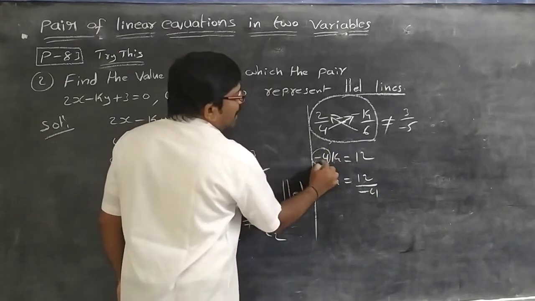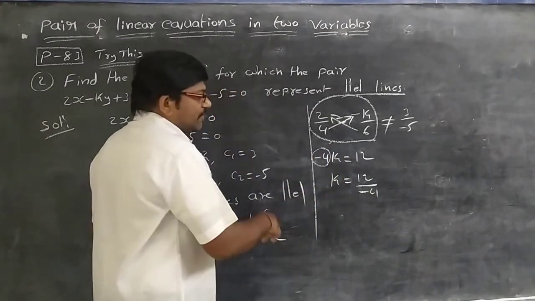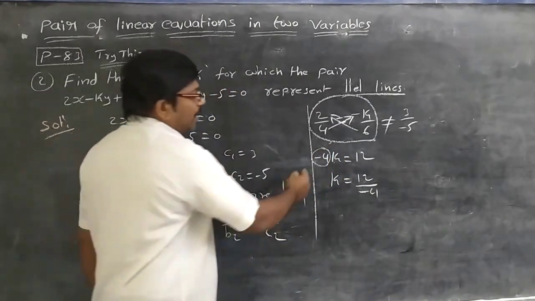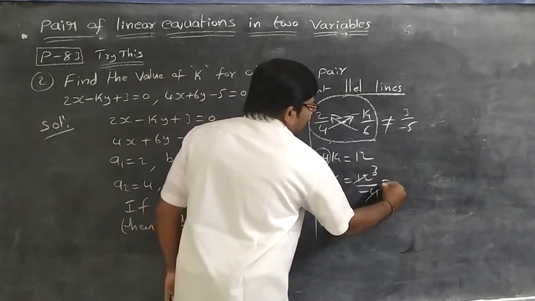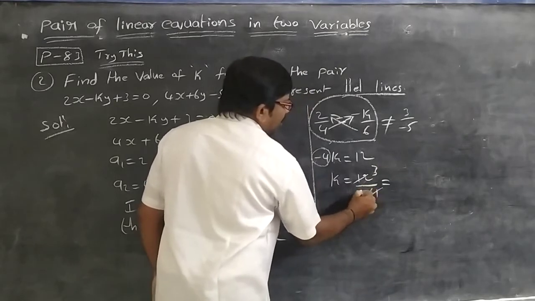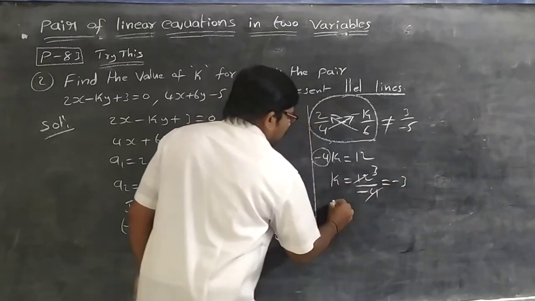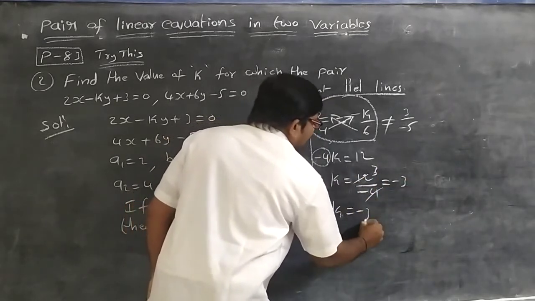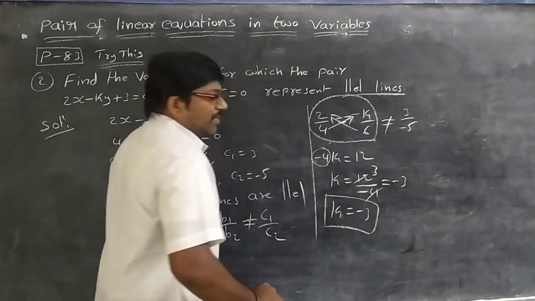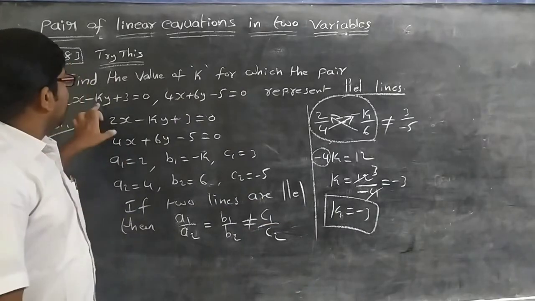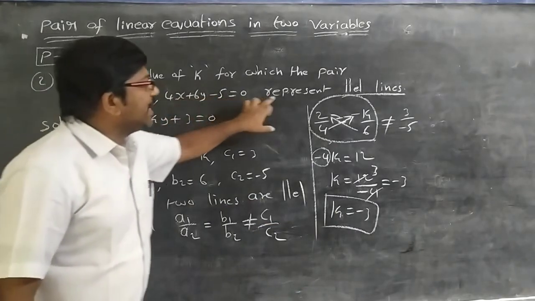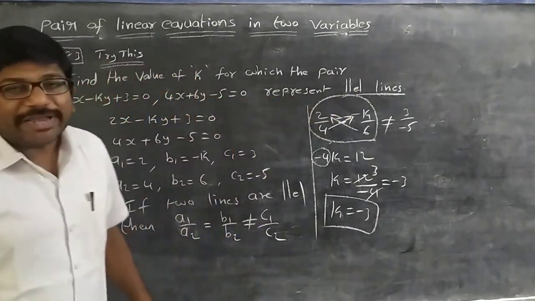After transferring from left to right, it becomes divided by 4; 4 threes are 12. That is equal to minus 3. So k is equal to minus 3, right? So if k is equal to minus 3, the two lines represent parallel lines, right?